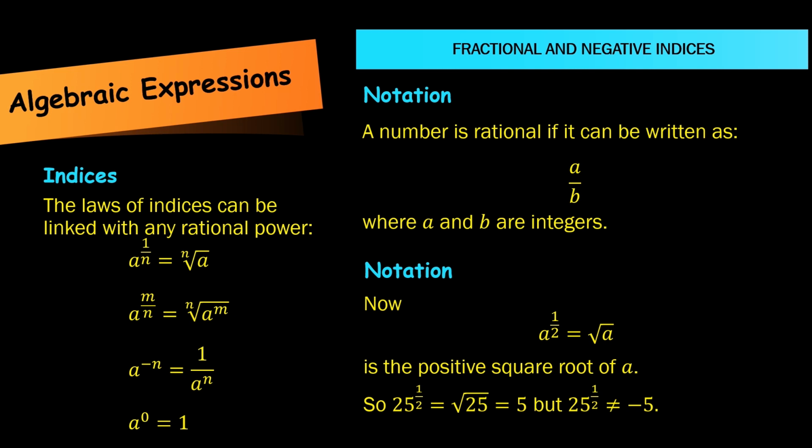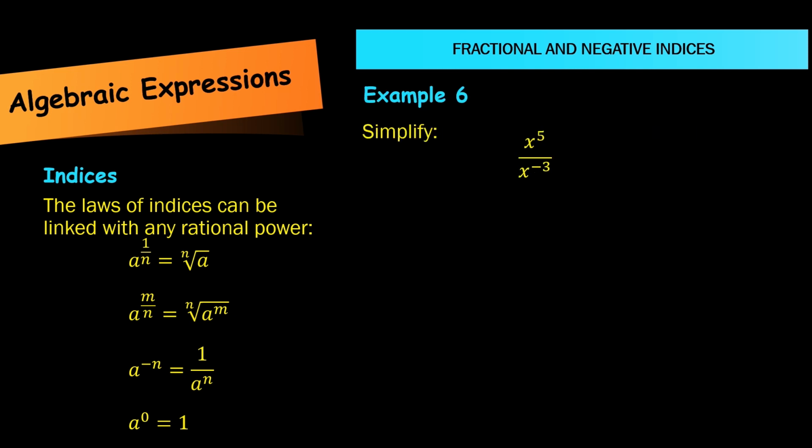Now let's simplify x to the power 5 divided by x to the -3. We can convert the denominator into a numerator by multiplying the index by minus, as shown. So we have x to the 5 minus -3. Of course, 5 minus -3 is 5 plus 3, and this equals x to the power 8.